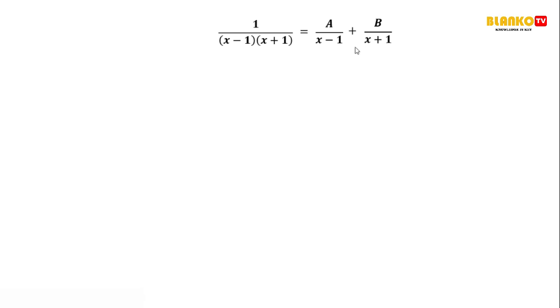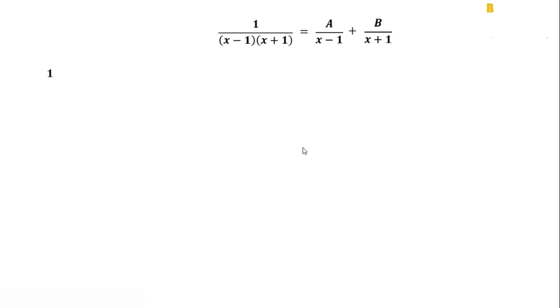So what we do is multiply the left hand side by the LCM, and the right hand side also by the LCM, which is (x − 1)(x + 1).